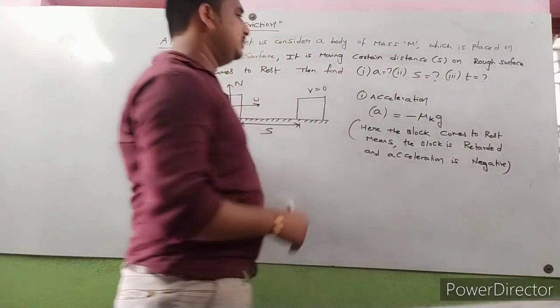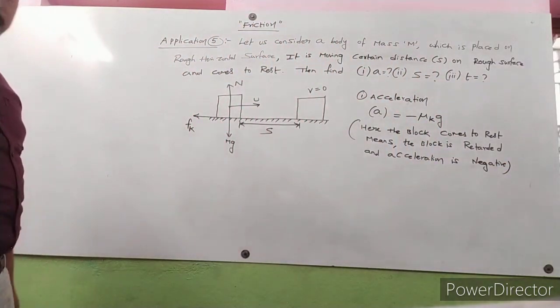So the negative acceleration a is equal to minus mu_k into g.